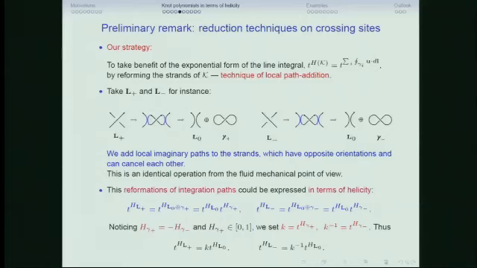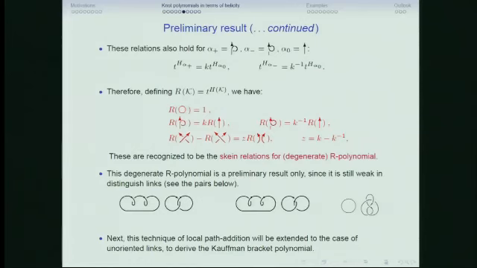This method can also be applied for this writhe, and that writhe. Similarly, then we have these two formulas, expressions.